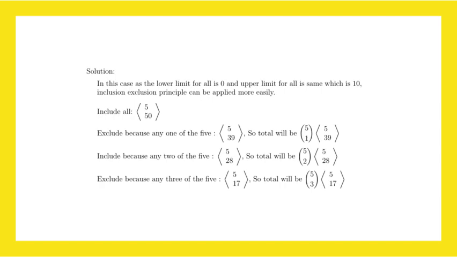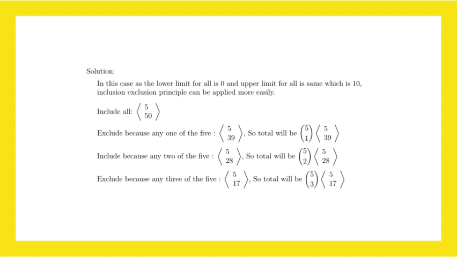All the cases, if we want to include, it will be 5 choose 50, because x1 plus x2 plus x3 plus x4 plus x5 is equal to 50. Lower limit is 0. Now because of one of the 5, say for example x1, we want to exclude, then we have to subtract 11 from 50. So it can be done in 5 choose 39 ways.